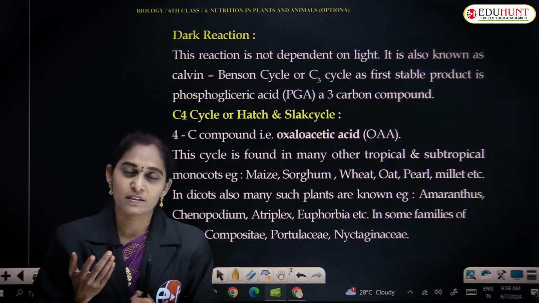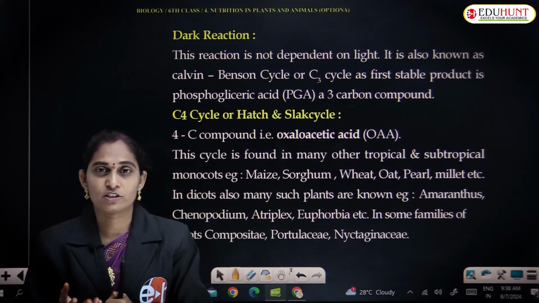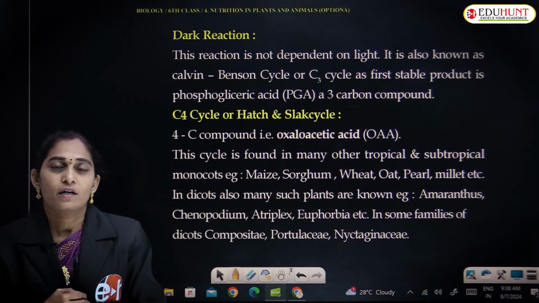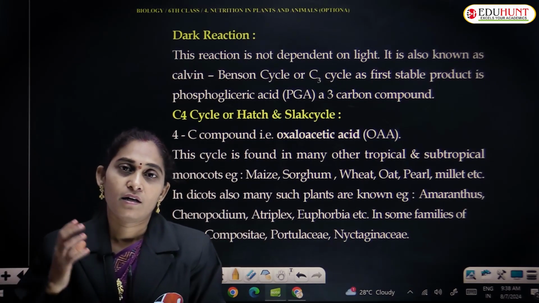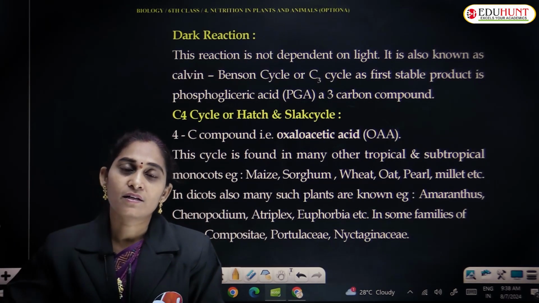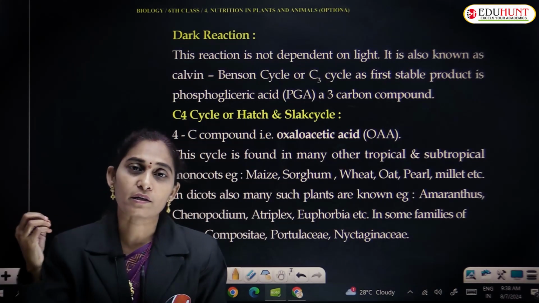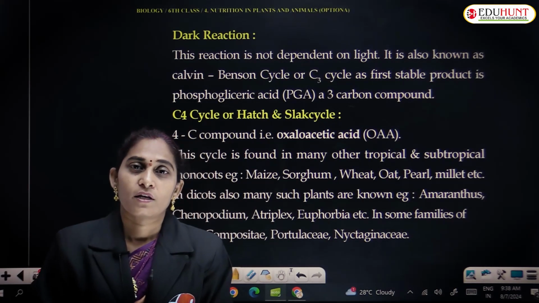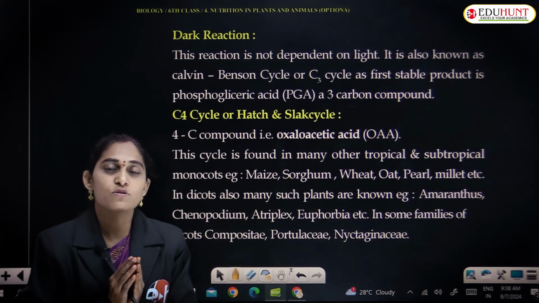Potential is like energy to do work. Whenever it comes to a lesser state, the surrounding cells push water into the guard cells. The whole thing results in opening of the stomata.